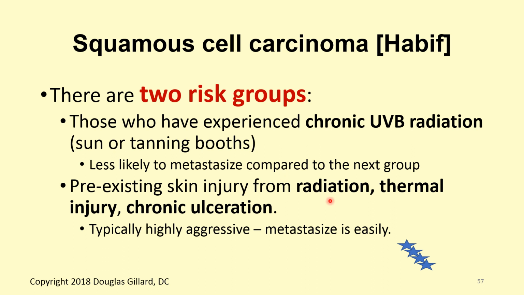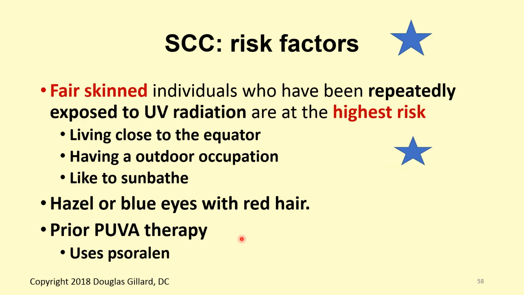The ones from radiation, if you've had radiation therapy or burns or chemicals, you work with chemicals and burn your hands a million times, or if you have chronic ulcers like a diabetic who gets ulcers all the time, and you end up getting squamous cell, these are very metastatic. They're highly aggressive, and you have to be very careful with them.